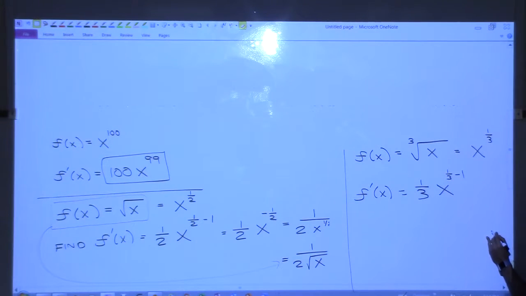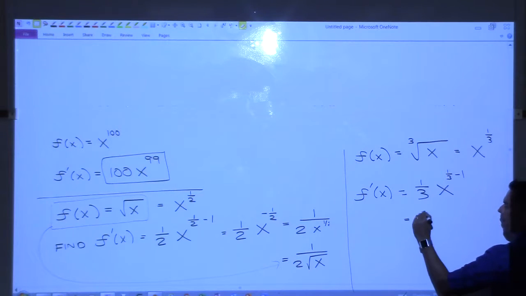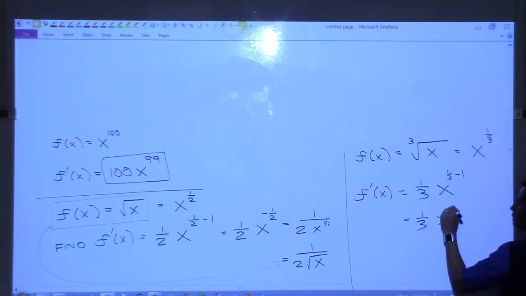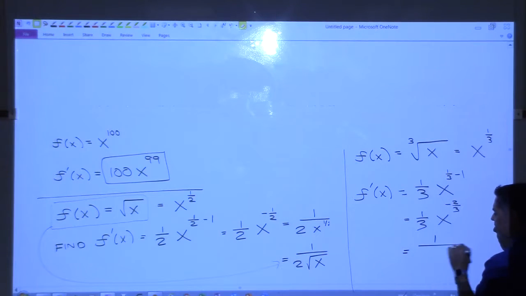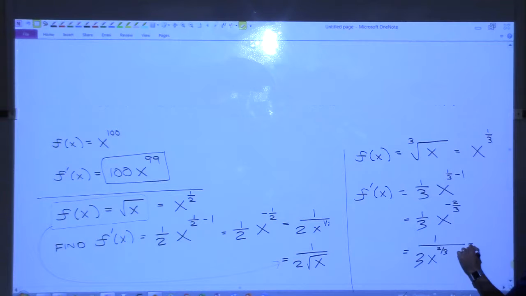Which is negative 2/3. And then we could drop that down, couldn't we? And raising something to the 2/3 is the same as taking the cube root of it squared.